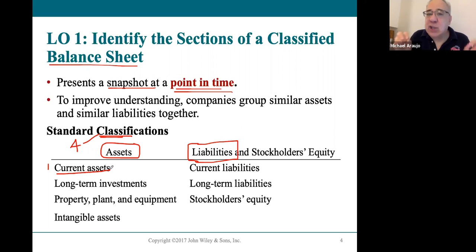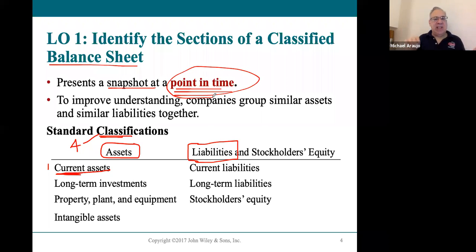And so there's a very specific pecking order to current assets that you're going to learn today. Okay, but the word current in accounting refers to short term, and what they consider short term in accounting is up to a year. Up to a year. Again, up to a year from the date on the balance sheet. Remember, balance sheets have specific dates.